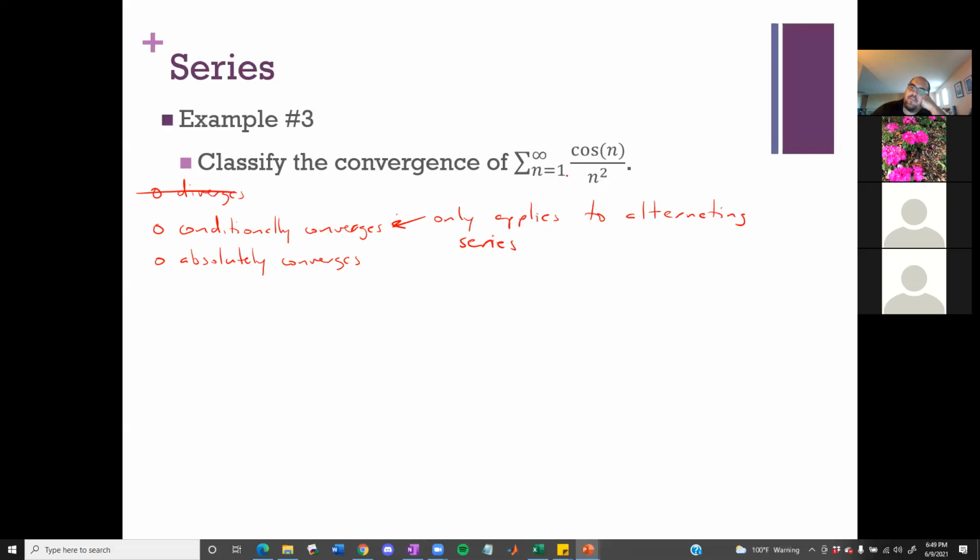If you get out a calculator, make sure you're in radian mode, but if you take the first few terms here, just the numerators, cosine 1, cosine 2, cosine 3, and so on, I believe you will get that cosine of 1 is positive.